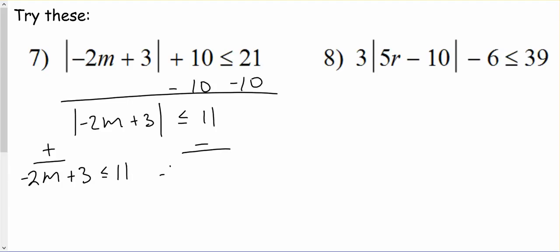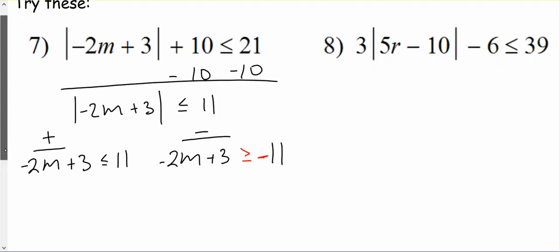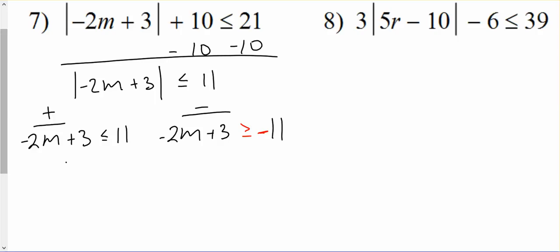Our negative side: 2m plus 3, reverse the inequality symbol, is greater than or equal to negative 11. We're solving these just like we would, so we're going to subtract 3, subtract 3. Negative 2m is less than or equal to 8.